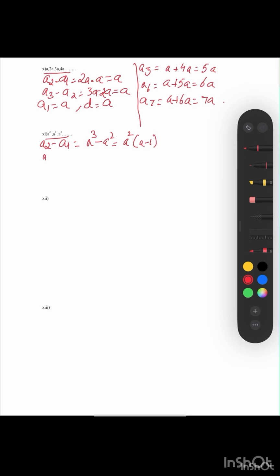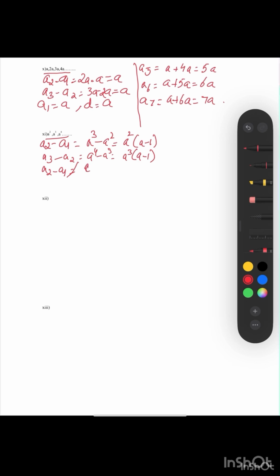Similarly, a3 minus a2 is a raised to the power 4 minus a raised to the power 3. Now we can take out a raised to the power 3 common, so we would be left with a minus 1. Since a2 minus a1 is not equal to a3 minus a2, it is not in AP.